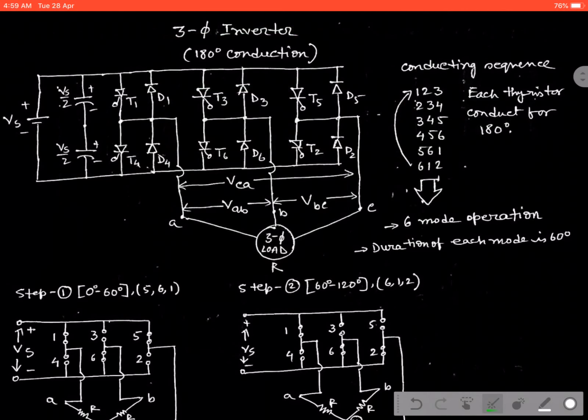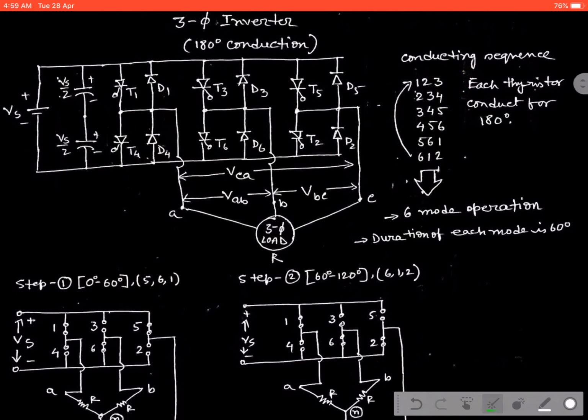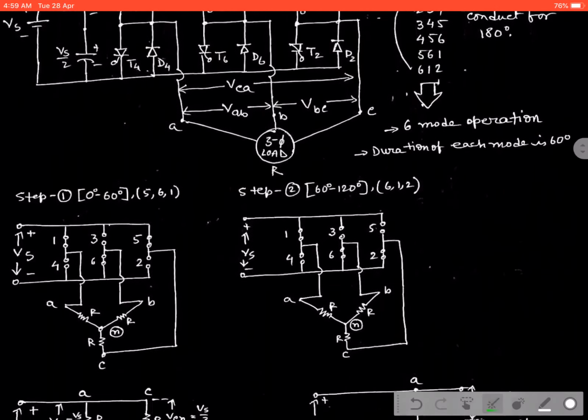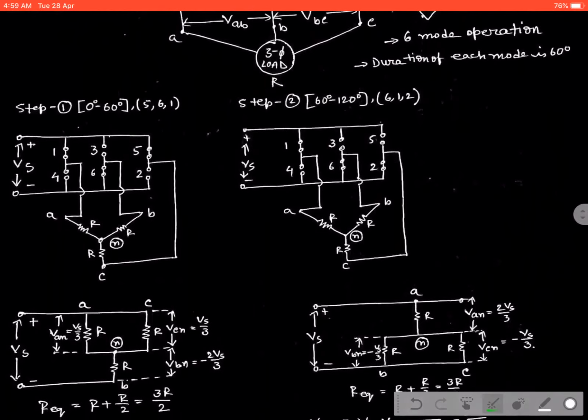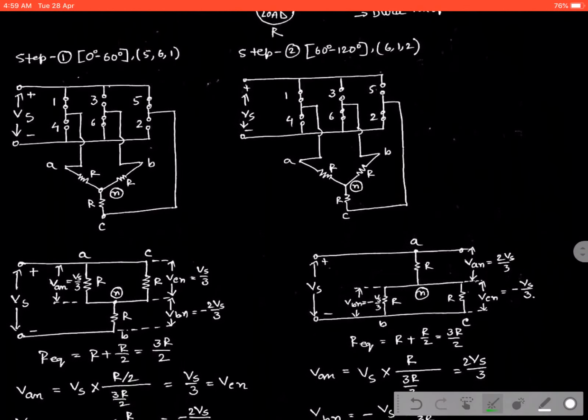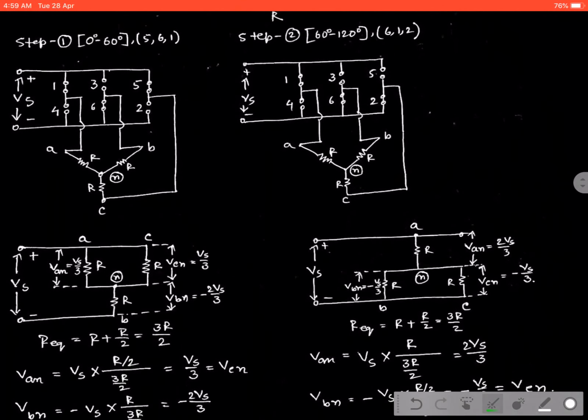So 561 means this mode, then this mode and this mode. If we consider these as the 4 modes of operation, first consider step 1, in which the duration is 0 to 60 degrees and the switches 561 are becoming on.